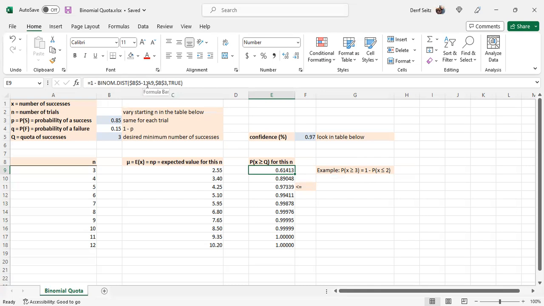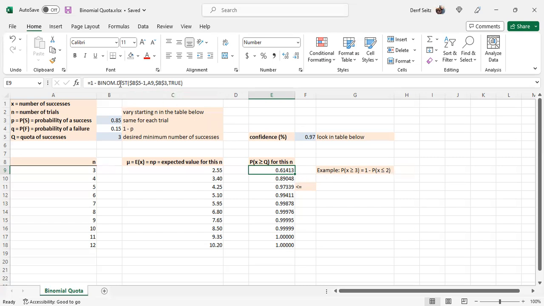And A9 is the n value in the particular row that's relatively referenced relative to each of these calculations here. And B3 is the probability of success, and the last parameter, true, is what gives you the less than or equal to, as in this example here. That's a cumulative probability.